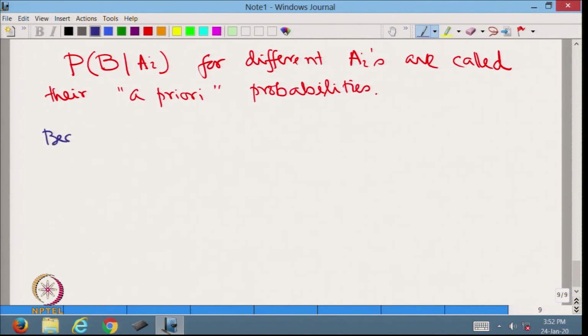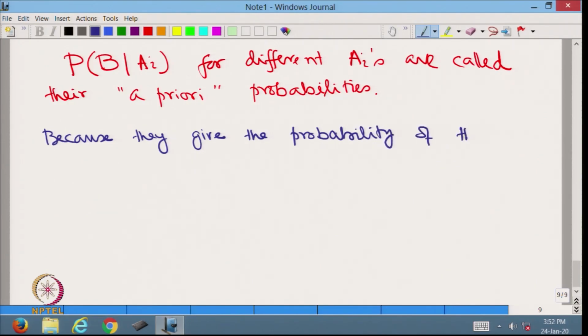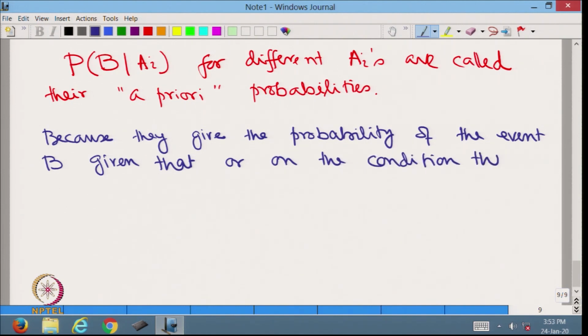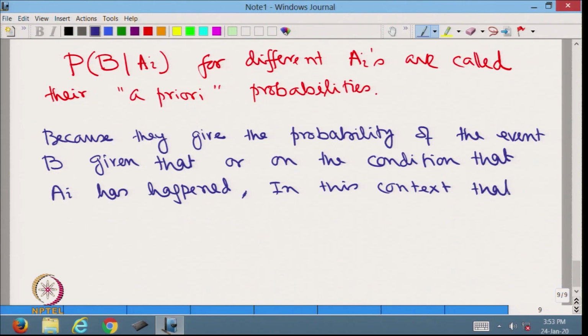This is because they give the probability of the event B given that, or on the condition that Ai has happened, or in this context, that Ai has committed the crime.